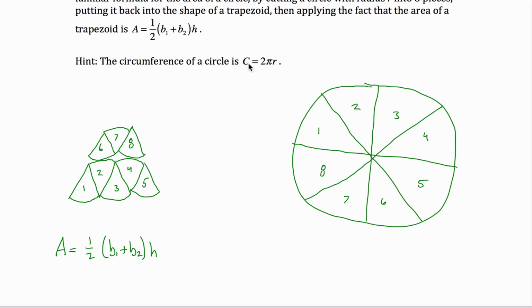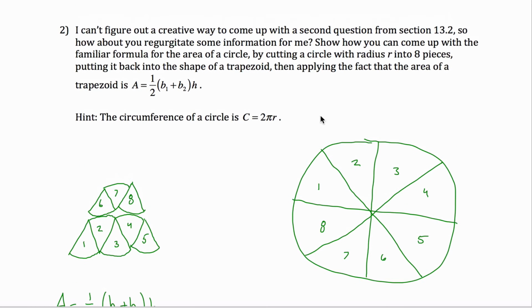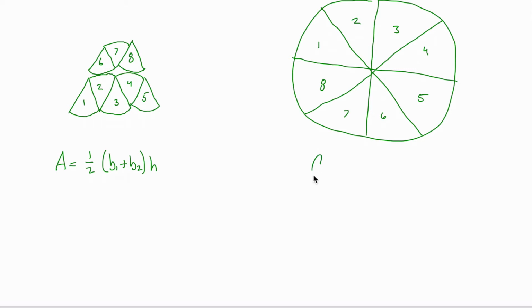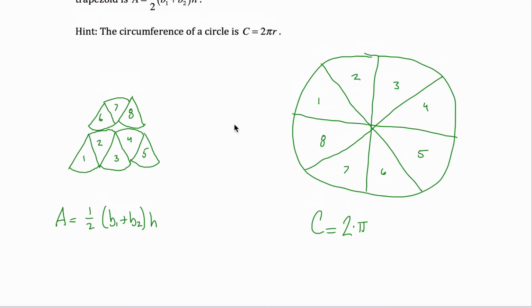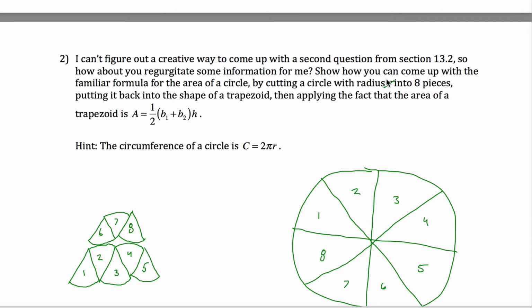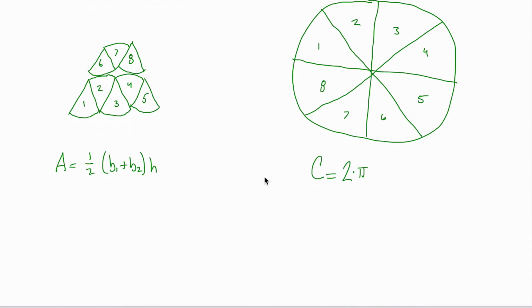It says, hint, the circumference of a circle is 2 times pi times the radius. So my radius is r, so my circumference will be 2 times pi. You know what? Instead of the radius is r, let's make the radius 1. Let's make your life a little bit easier. So the circumference is 2 times pi. And so if all the way around the circle is 2 times pi, then B1 is 1/8 of 2 times pi, aka pi over 4.